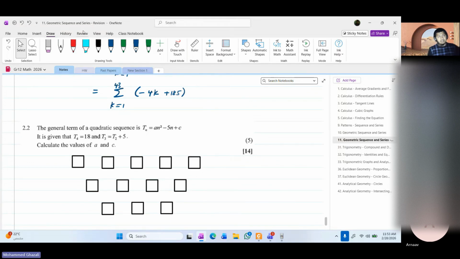All right, so let's see. This is what we are doing. Now let's fill in information.